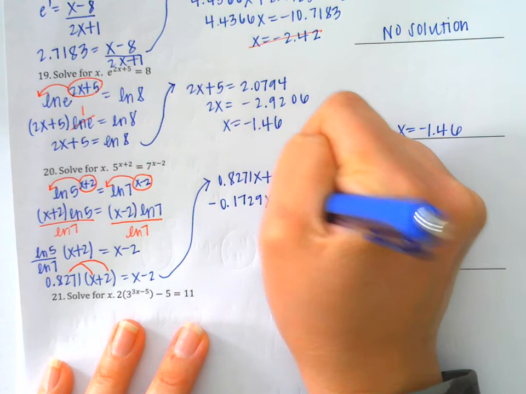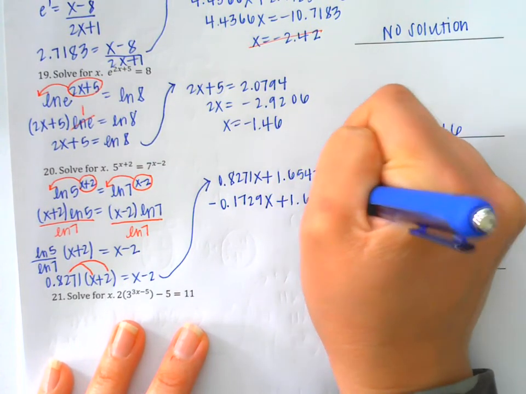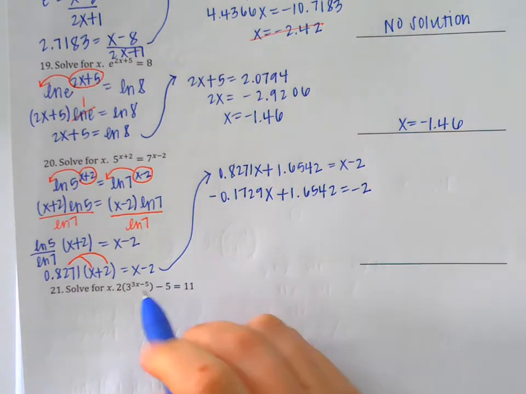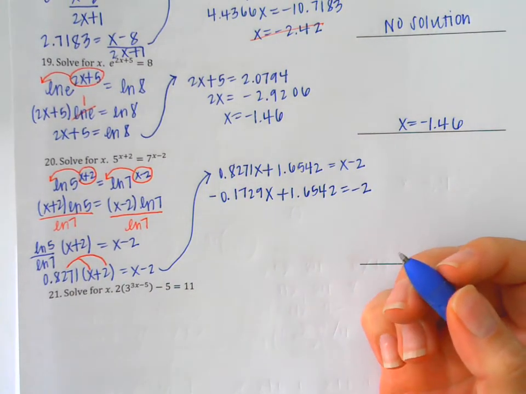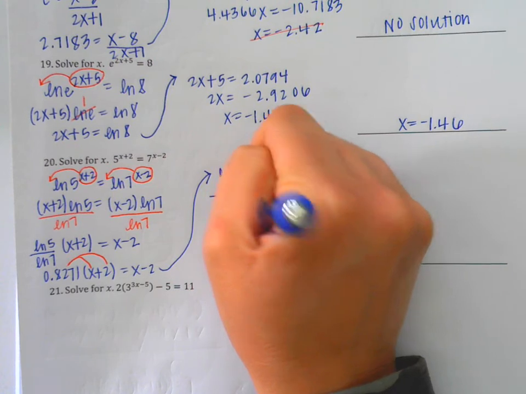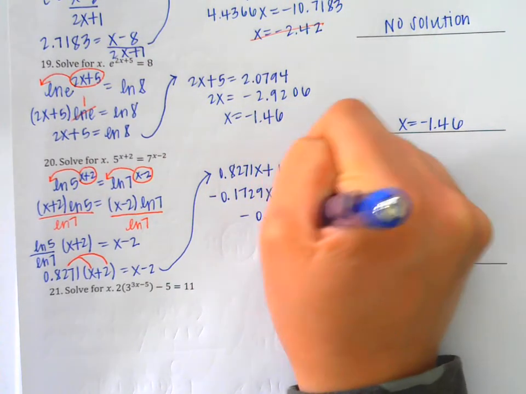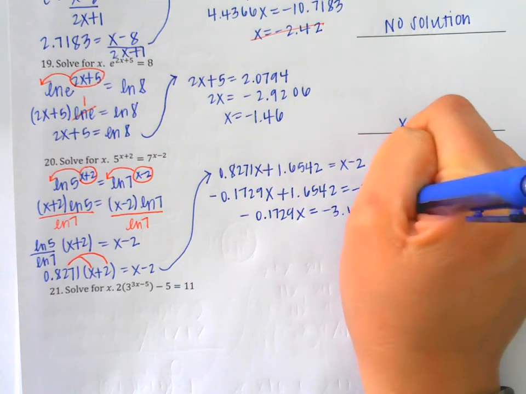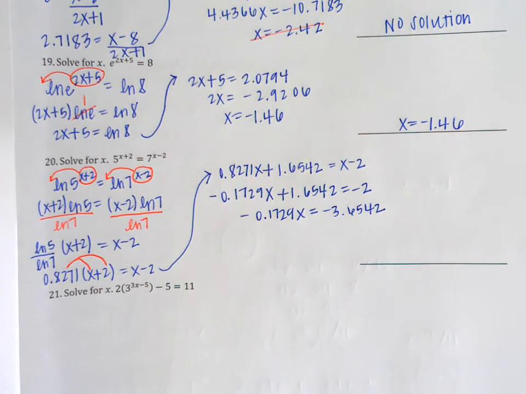You don't have to do this all in different steps. And then subtract 1.6542 from both sides. So that would get me negative 3.6542. And then divide both sides by negative 0.1729. So negative 3.6542 divided by negative 0.1729, and I get 21.13.